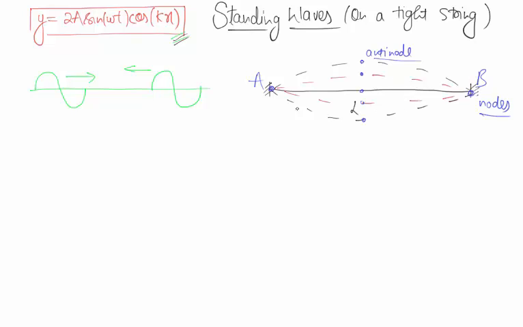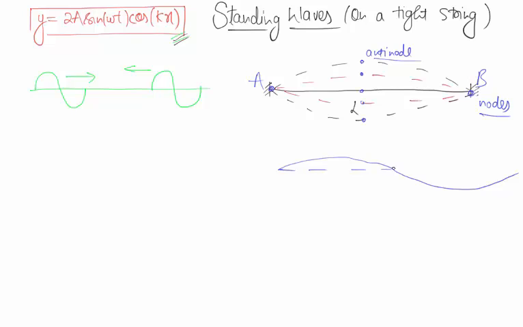In this standing wave, you can figure out that this part of the wave is half of a wavelength.